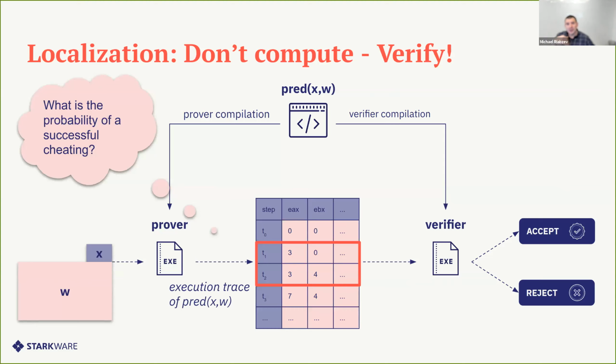Assuming the trace is very long, the malicious prover only changes 1 line in this trace, actually splitting this trace into 2 separate parts, where the upper part is consistent with itself and the lower part is consistent with itself. The probability of the verifier catching exactly this split place is very low. It's 1 over the length of the trace, which is not good.